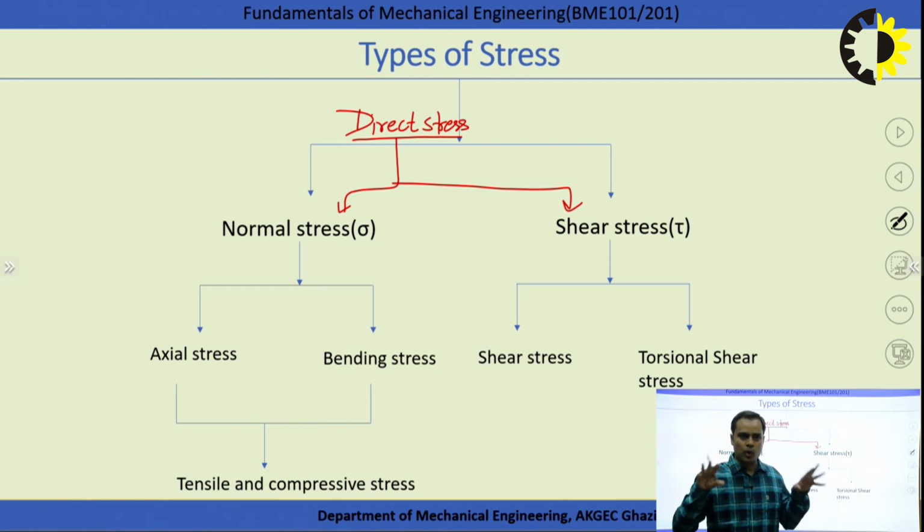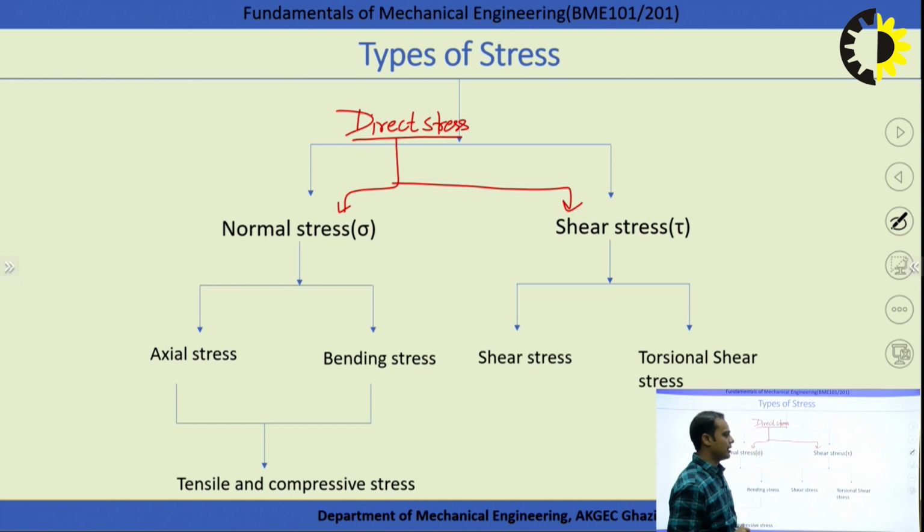In case of normal stress, if we are applying force normal to the axis or along the axis, the stress produced is called the normal stress. If we are applying force parallel to the surface, the stress produced is called the shear stress, right? So both are direct stresses.